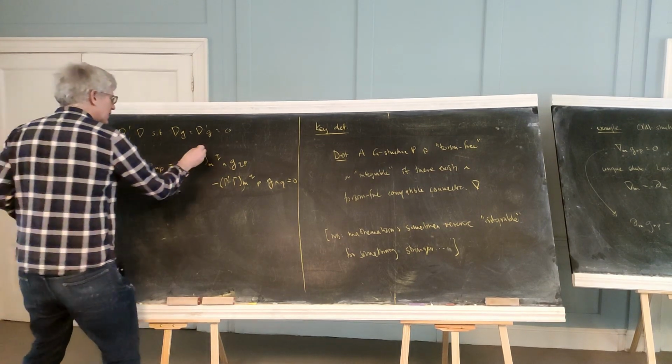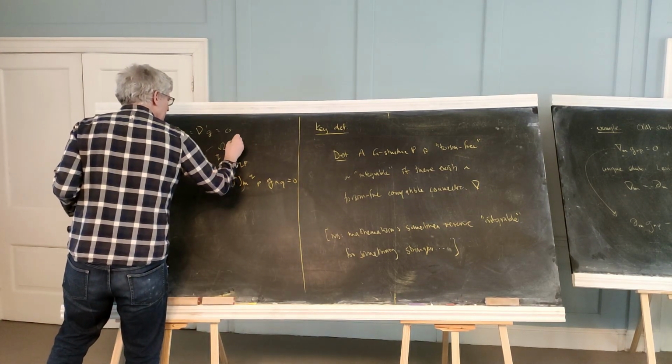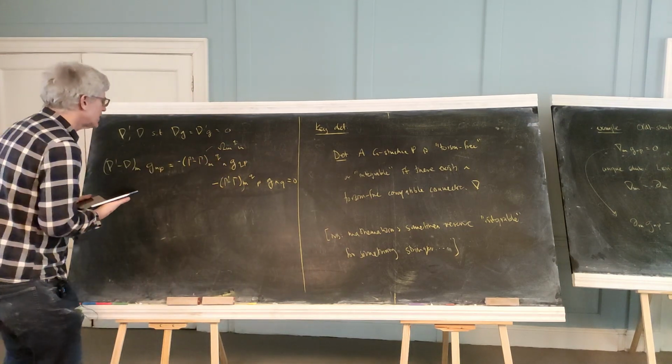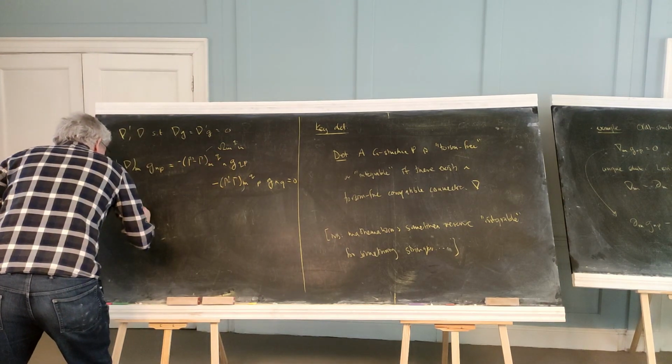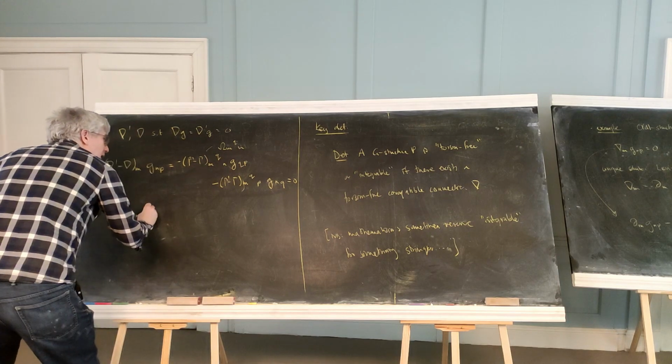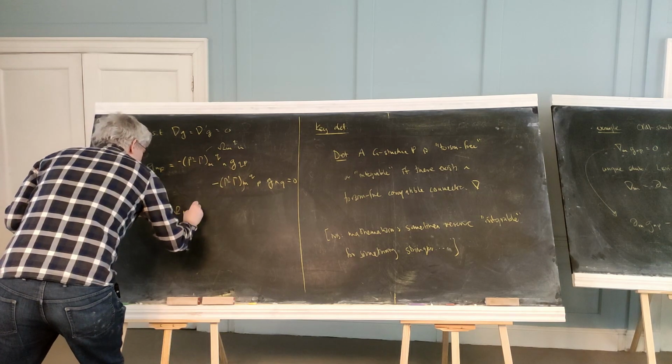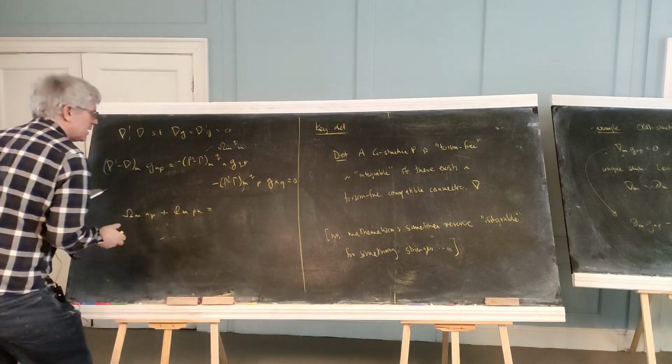If I call this thing omega^q_mn, this thing just lowers the index, so I'll get omega_mnp plus omega_mpn.